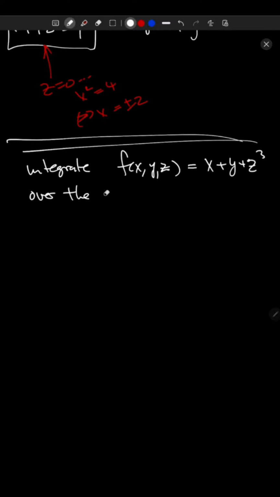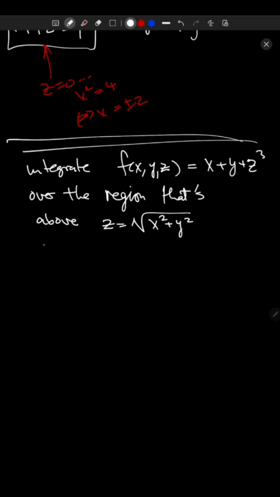Over the region this time. Over the region that's above z equals the square root of x squared plus y squared, and below x squared plus y squared plus z squared equals 9.